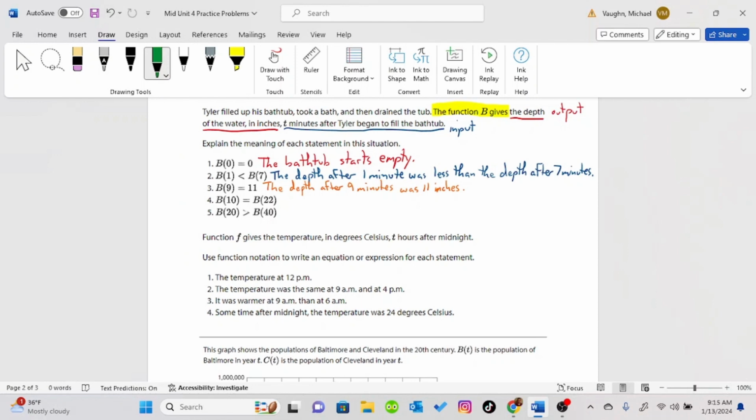Number 4, B of 10, so that's the depth after 10 minutes, equals B of 22, which is the depth after 22 minutes.